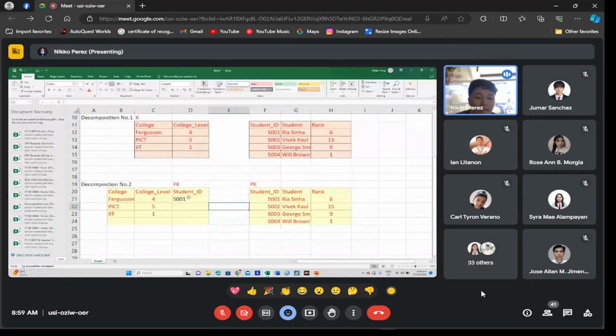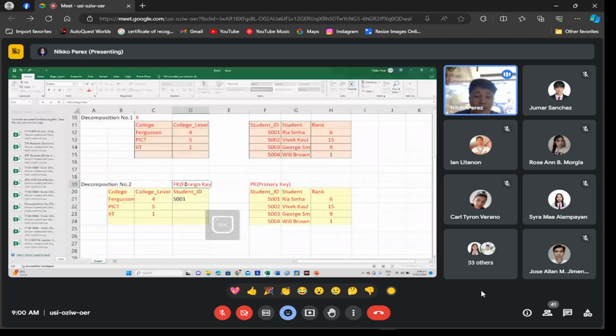So atong gibuhat dani, we distributed the ID number from our student table. Kay naghulam lagi tag susi no, natay foreign key. PK primary key kasi malibog ang uban, primary key. And FK means foreign key.